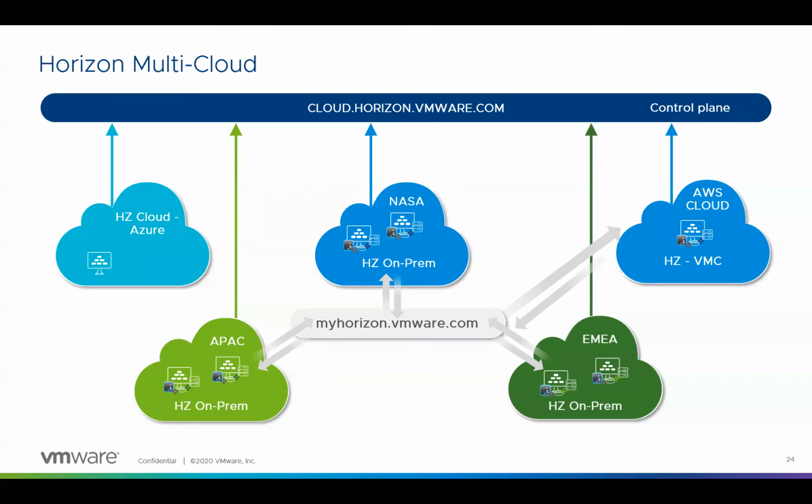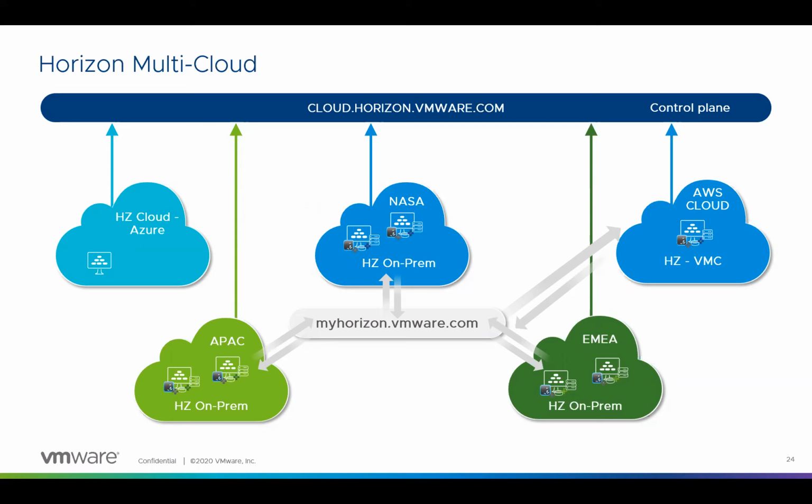And from the administrator standpoint, all of the administrators can view these various deployments and capacity using a cloud control plane. It's a single console where you can do some basic monitoring and resource management. From a user angle, the user can access using a single URL, and a virtual desktop or virtual app will be brokered from the location nearest to the user.